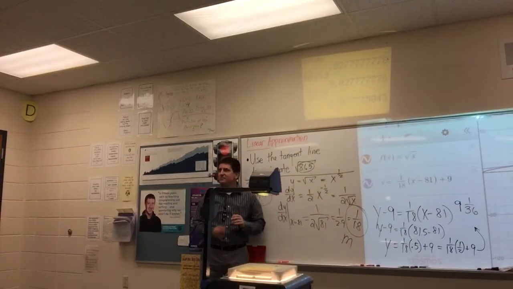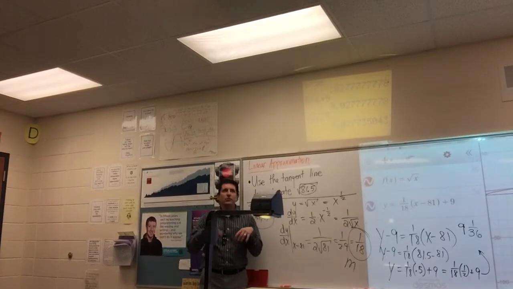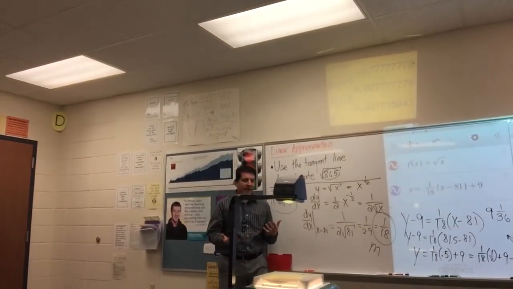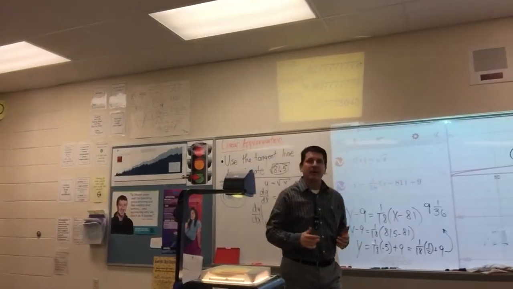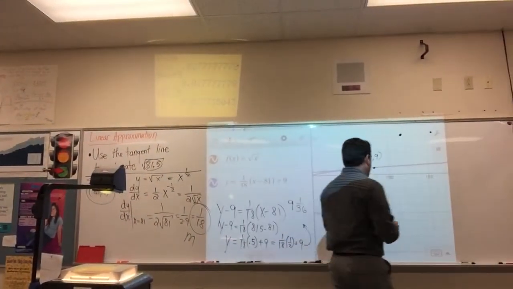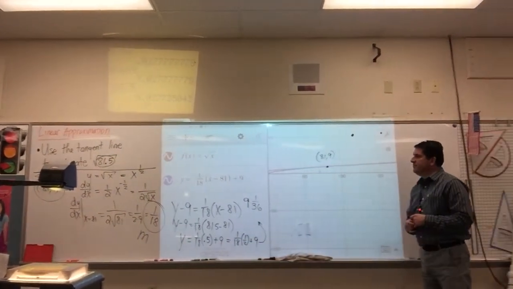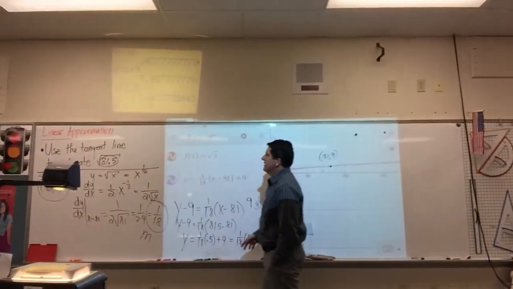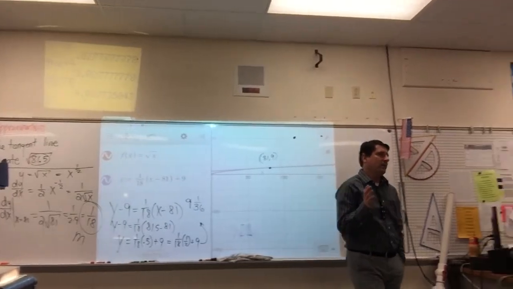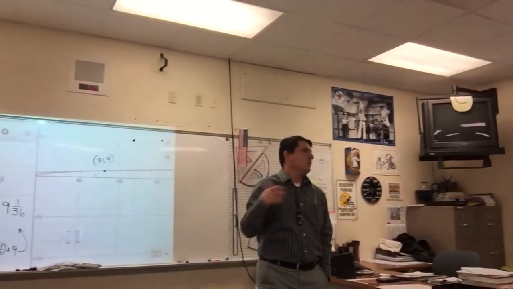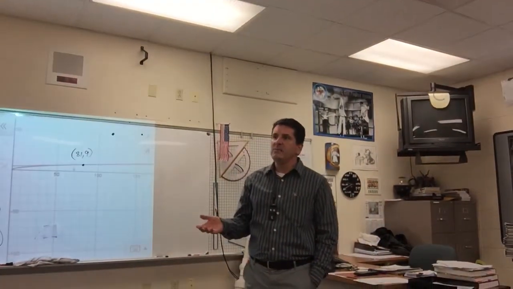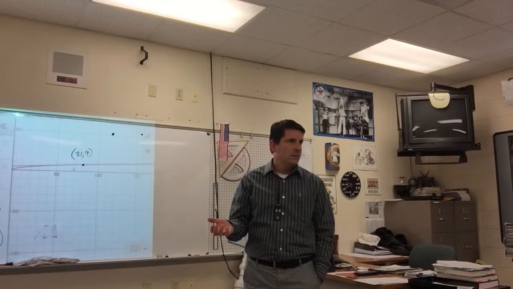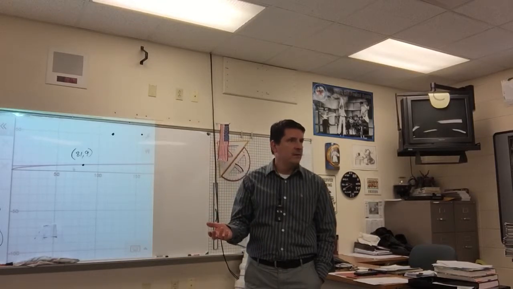All right. So, you can do this with any function. If we make up some cockamamie function and we want to evaluate some number at it, and you were asked to just estimate it, well, really all you can do is just find the tangent line to a place that's near it, and then you can use that estimate.